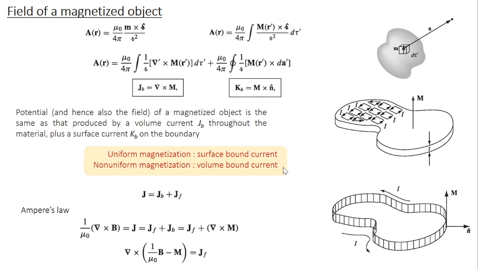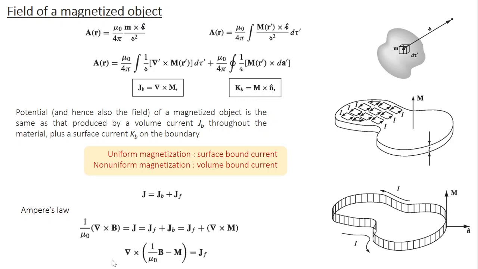Let's generalize our understanding now. Now we know that there are two types of current, just like the two types of charges we have seen in the last chapter. So one is the bound current given by JB and the other is the free current given by JF.